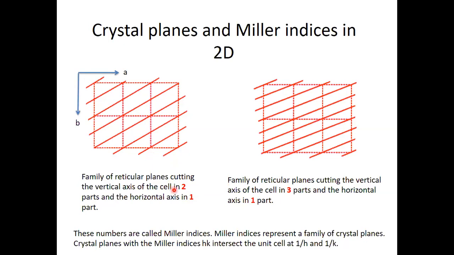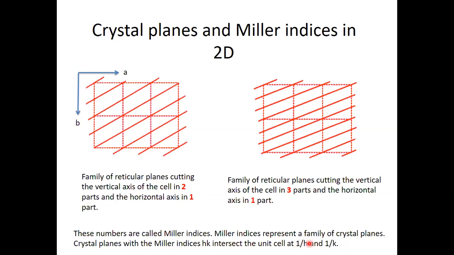We call these 2 numbers the Miller indices 2 and 1 in b and a direction, respectively.